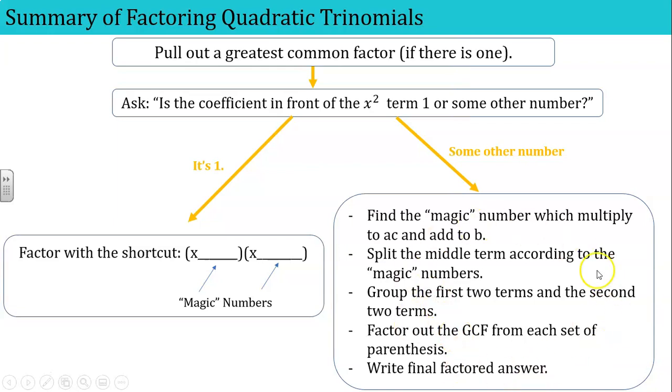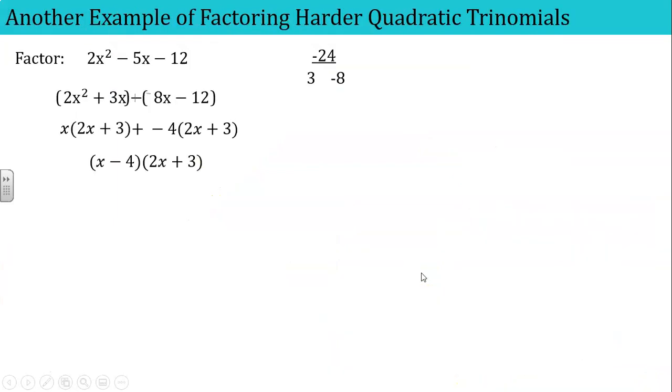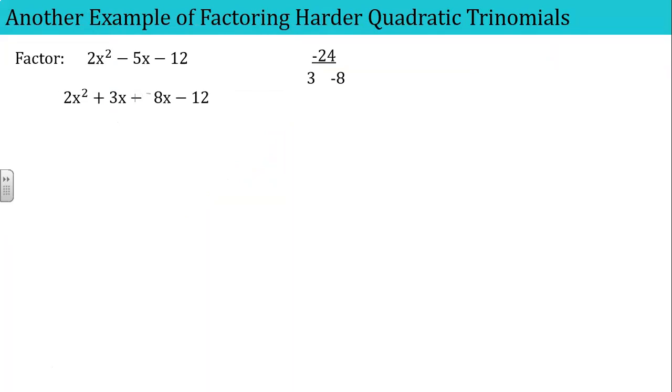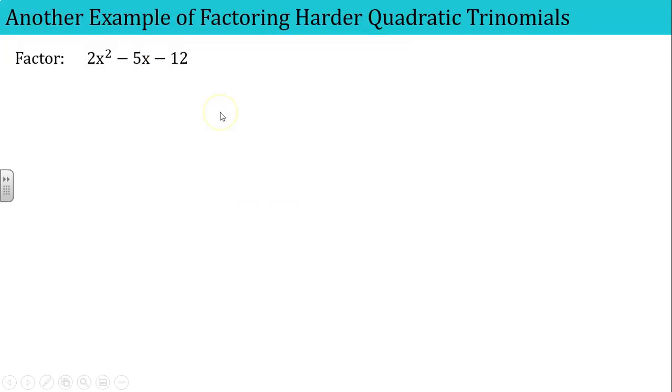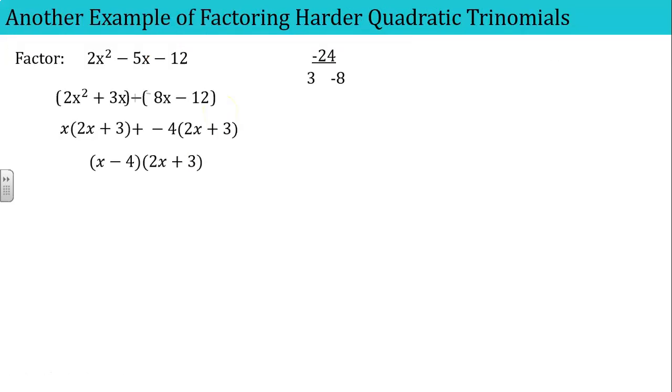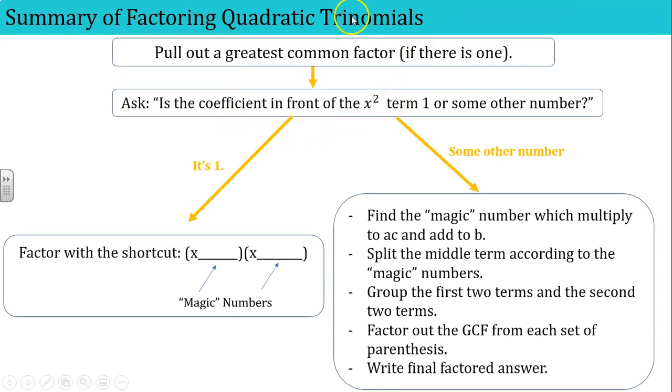Once again, this process summarized in this bubble is what I just talked about on this slide here. Okay? So this summarizes, let me go back, kind of like a flow chart that summarizes how to factor any quadratic trinomial. Hopefully you found this video a helpful summary of factoring quadratic trinomials.